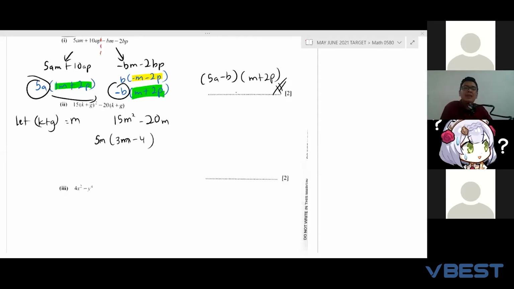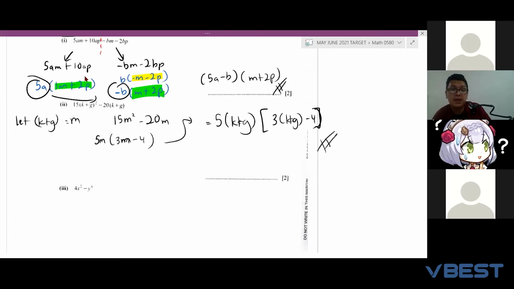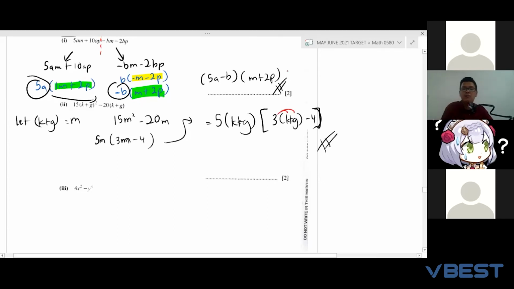Then finally, you change m back to k plus g. So it becomes 5(k plus g), and then another bracket, 3(k plus g) minus 4. If you just leave it like that, it's fine. If you want to expand, that's also correct, but I advise you to just leave it there.